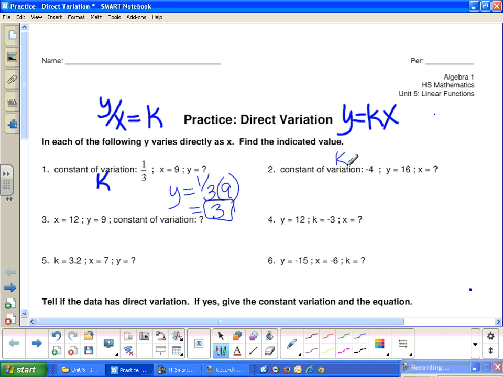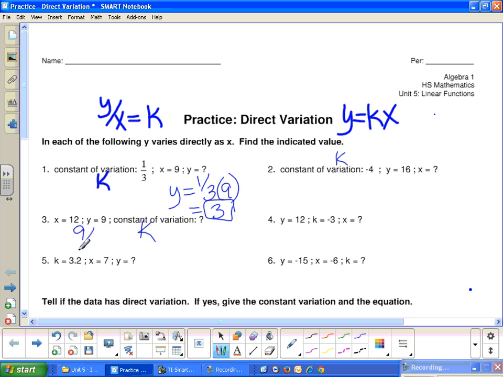This is the same thing. You're given k, you're given y, and you're looking for x. So y equals... Here, you're looking for k. Well, if I'm looking for k, then I probably want to use y over x. This doesn't matter. You can put it up here. Still a one-step equation.